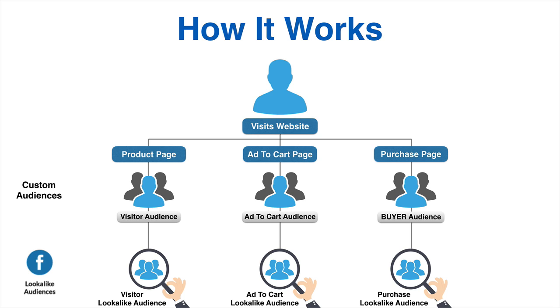But what we are talking about in this video is lookalike audiences, where Facebook takes a magnifying glass and they literally sift through everybody on Facebook and they keep in mind who visited your website, who added products to cart, and who actually purchased. And they try to find other people that are very, very similar by demographic, age group, interest, and so on.